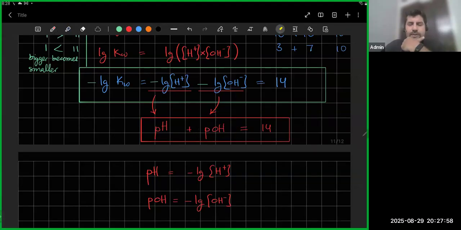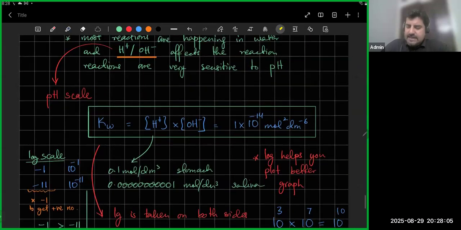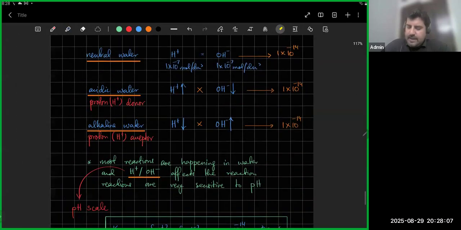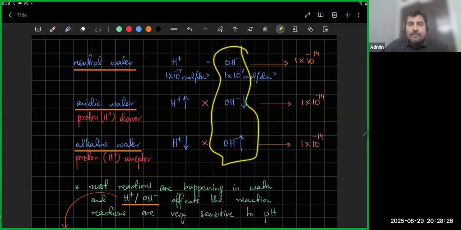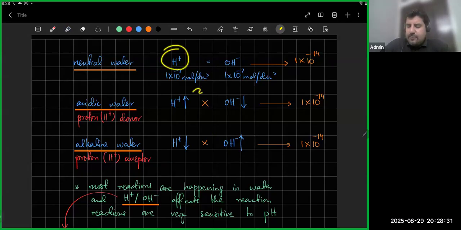No one talks about pOH because it's easier to just track one thing, because the other is exactly the opposite. If the H plus 1 concentration is going up, then by default the OH ion concentration would be going down, right? If H plus 1 concentration is going down, the OH ion concentration is going up. So you don't really have to track both of them, although that is equally important. You can only track one of them.